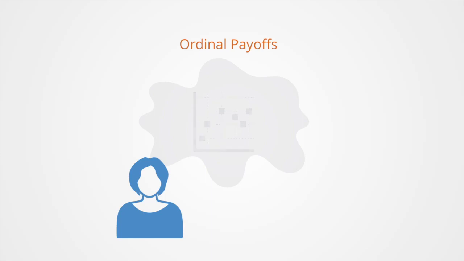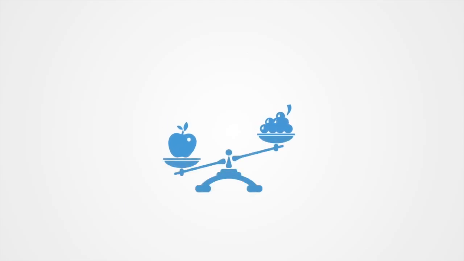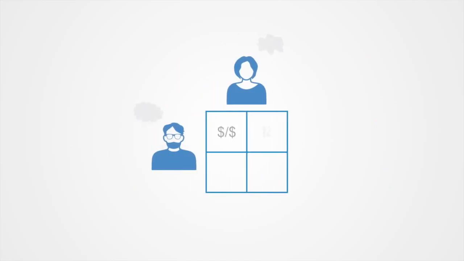For example, we might say that Kate likes apples more than oranges, and oranges more than grapes. This is an ordinal ranking. However, if the scale measures how much a player prefers one option to another, the payoffs are called cardinal payoffs. So if the game was simply one for money, then we could ascribe a value to each payoff that would be a quantity of money, and this would be a cardinal payoff.